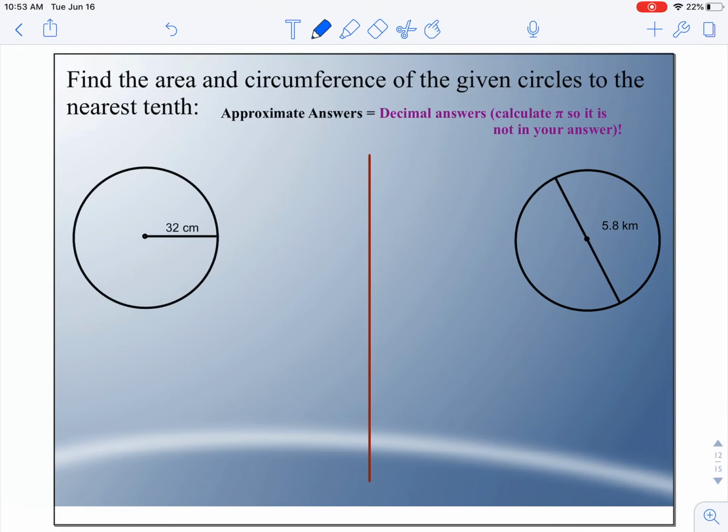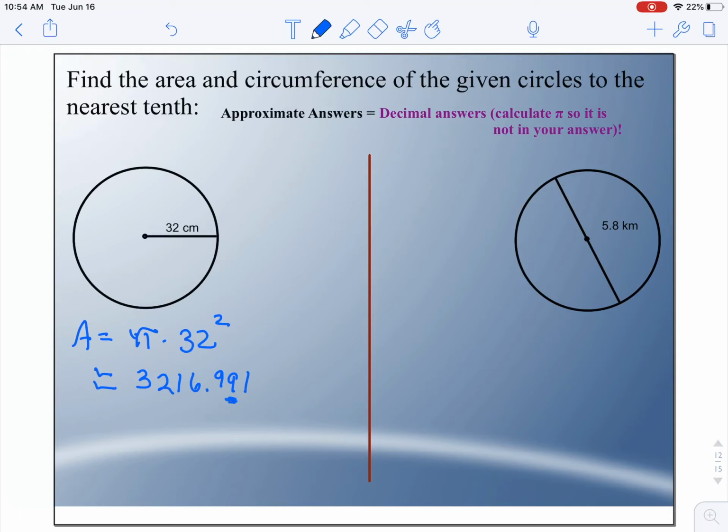So let's do a couple examples. Let's find the area and circumference of the given circles to the nearest tenth. This is probably what you're very familiar doing. So if we find the area, we know the area is pi times our radius squared, so 32 squared. If we just multiply that on our calculator, we get 3,216.991.